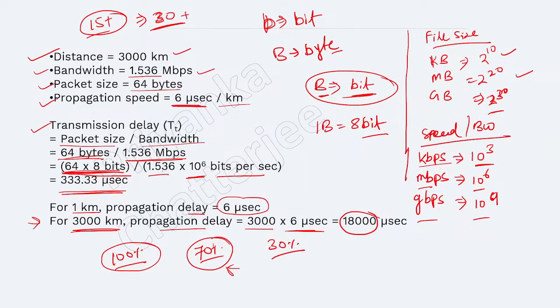64 multiplied into 8, and here it is 1.536. Right. So try to go for a little bit of assumption, meaning near about value.